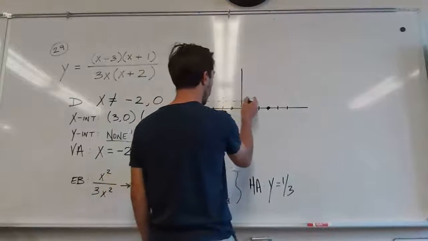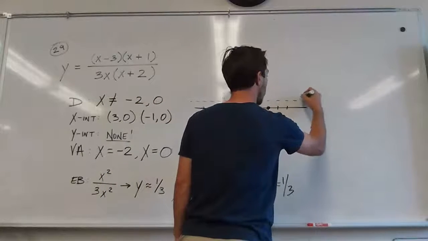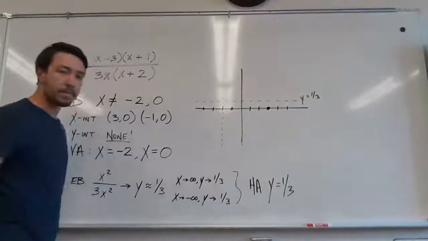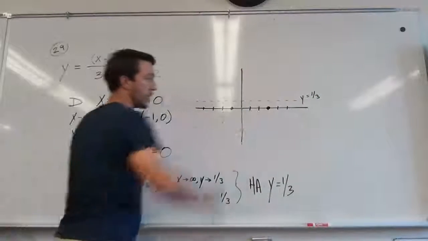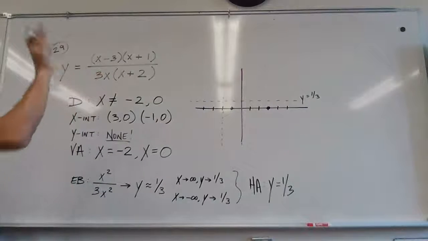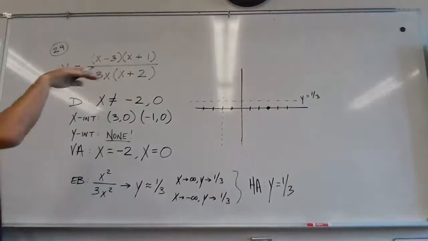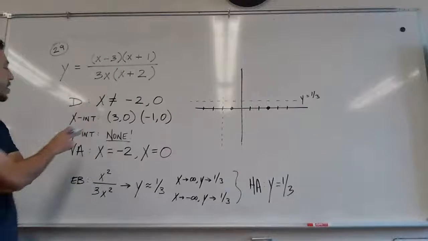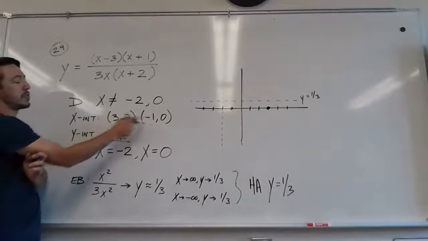So 1/3 means that our graph is going to, on the far right and the far left, be very flat, and the y values will be approximately 1/3. And what else? Like these intercepts, for example, are any of these ones bouncy?